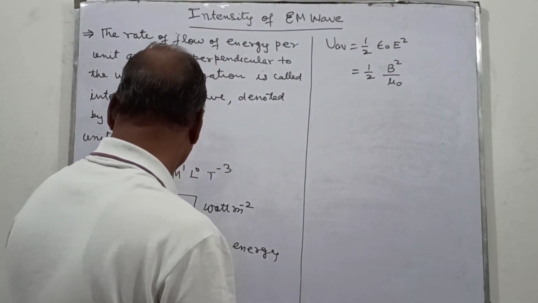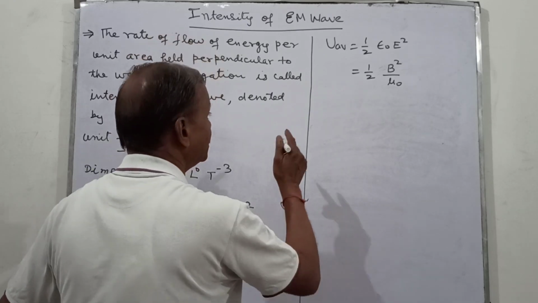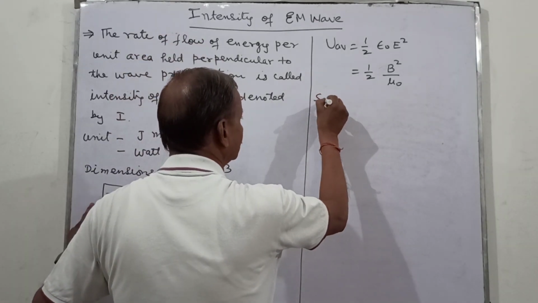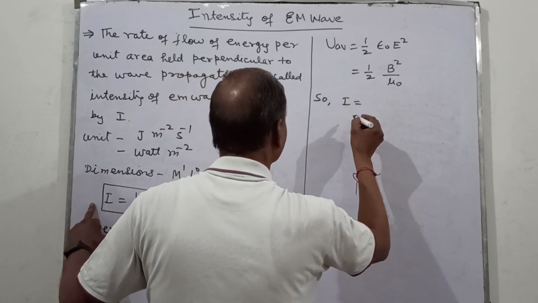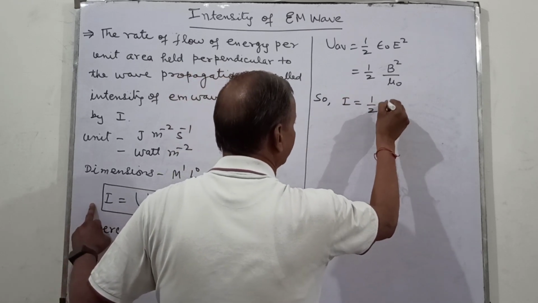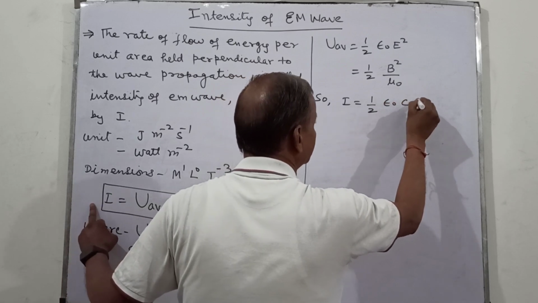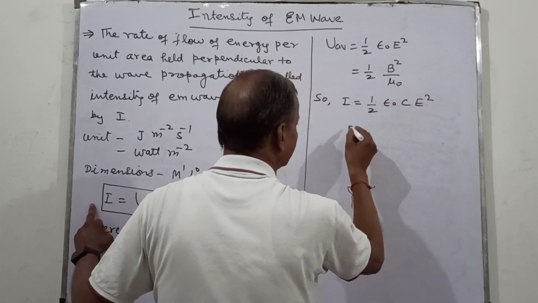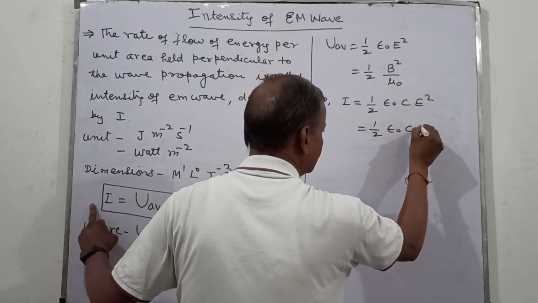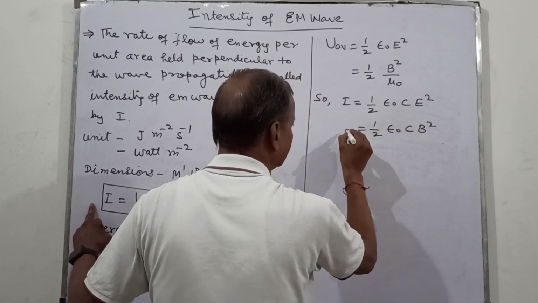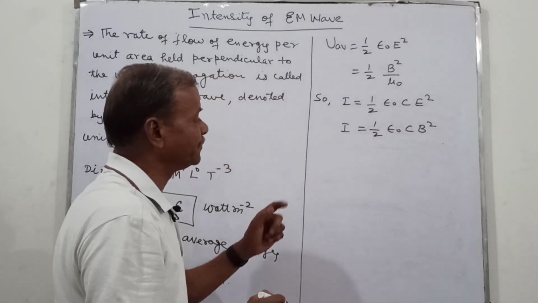So now we can have that this intensity I is equal to half epsilon naught C E square, and this is also equal to half epsilon naught C into B square. So what do you find from here?